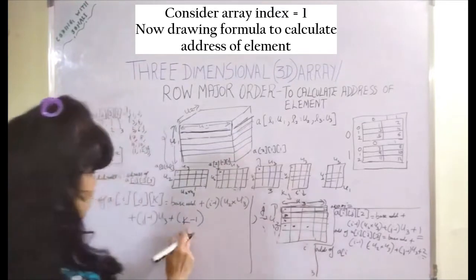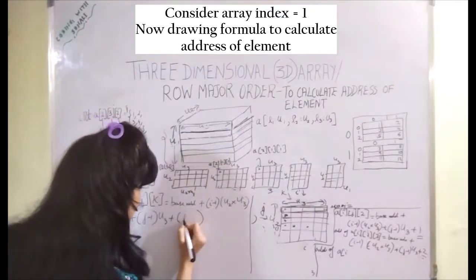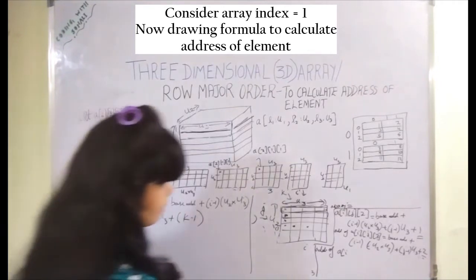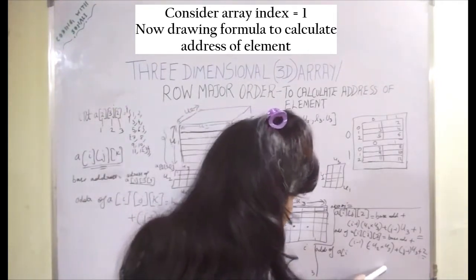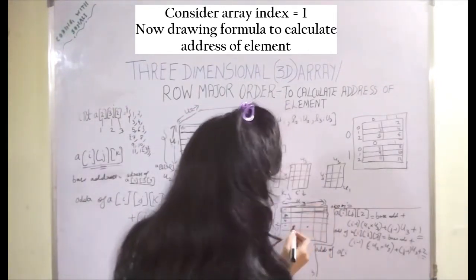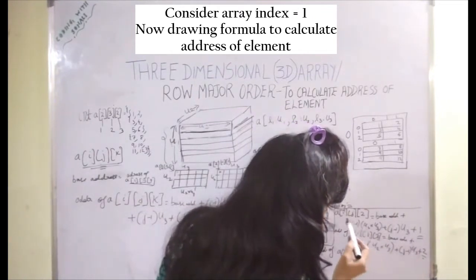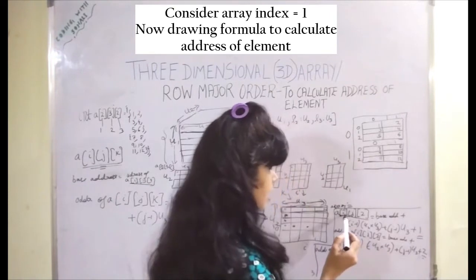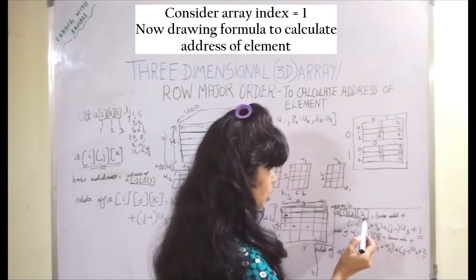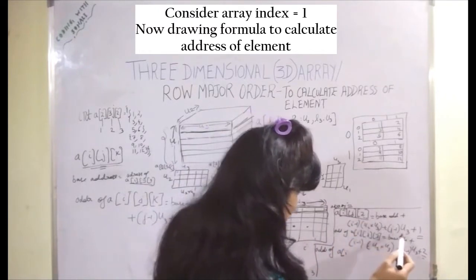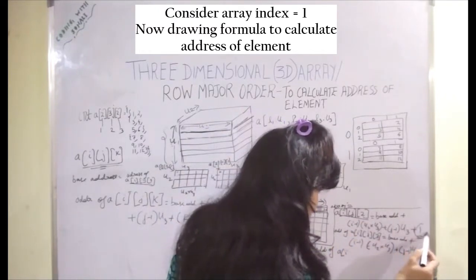So now, why have I modified the formula to this, with k minus 1 here? We have seen that in order to reach this element, I have written here A[i][j] and 2. To reach this element, that is 2 here, we simply have to add 1.